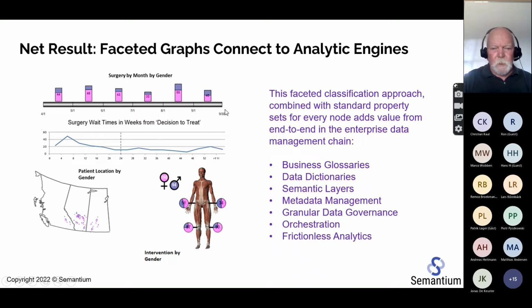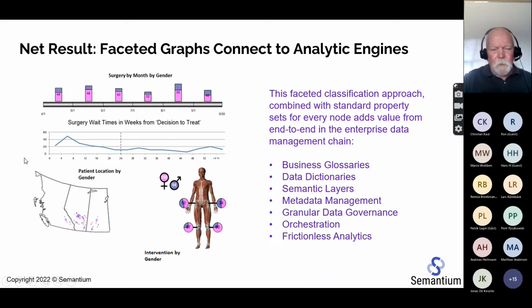We simply put it on a timeline, by month, for that particular span of time. We have surgery wait times in weeks, from the decision to treat to surgical operation, and this is how the comparison graphed out. The median was 24 weeks, which is kind of a long time. So they're trying to push all of this long tail to the left.